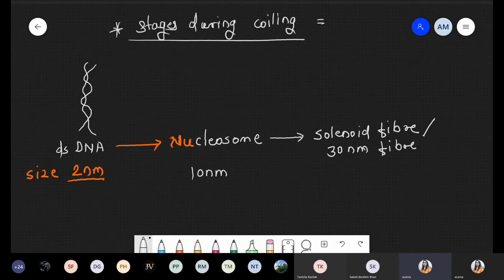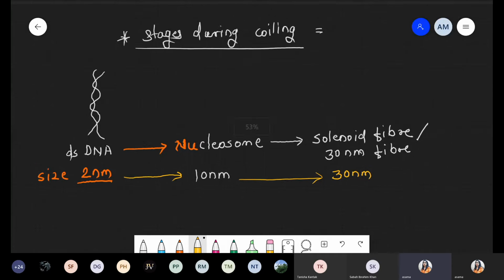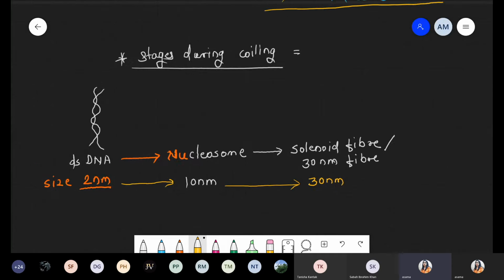The name itself represents that, because the diameter of the solenoid fiber is 30 nanometer. So from 2 nanometer to 10 nanometer, and from 10 to 30. Just remember the sequence because there's a question from the sequence. Open the NCERT book and you can check the diagram. We should not focus much on the diagram because there's no direct question on it.